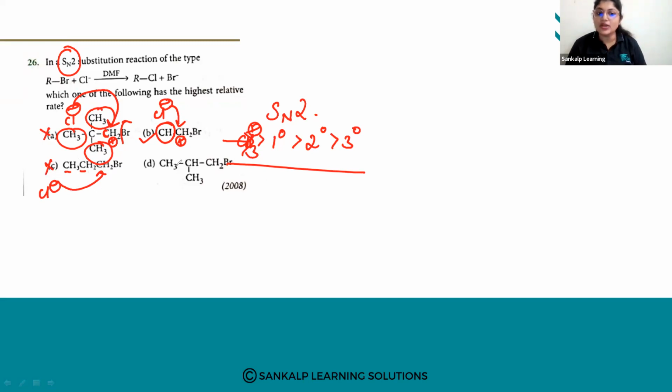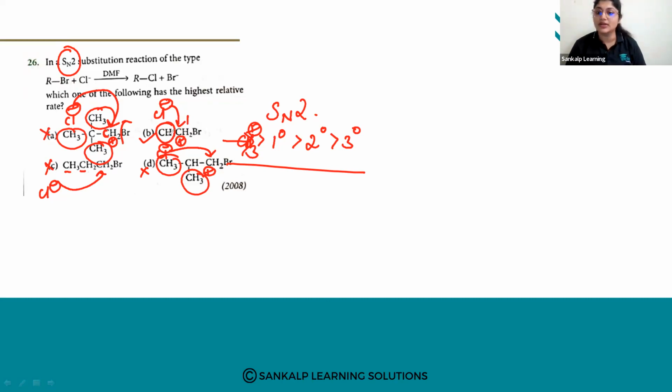In the fourth option, the attack takes place on this carbon, and there are two bulky methyl groups, so again there is steric hindrance and this is also discarded. So option B will be the right answer, as the formation of the carbocation here results in a primary methyl carbocation.